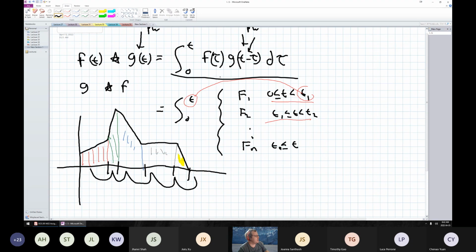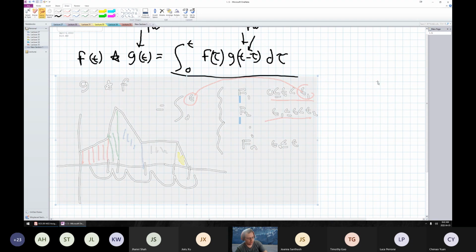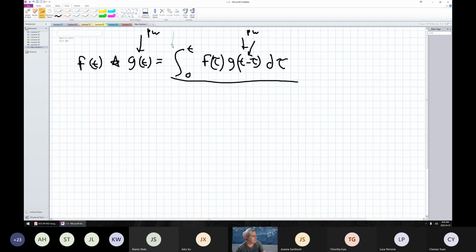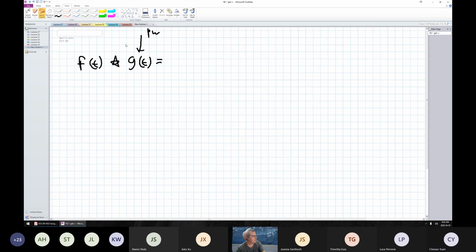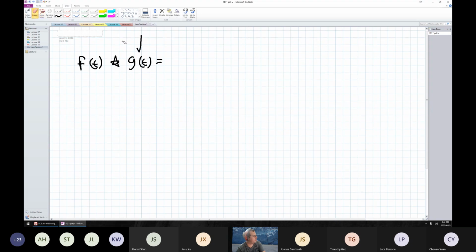Okay, so this is one way that you could attack it, but there is a better way, right? So instead of doing this, if I remove all of this, what you could instead do is use the convolution theorem. Okay, so what is the convolution theorem?